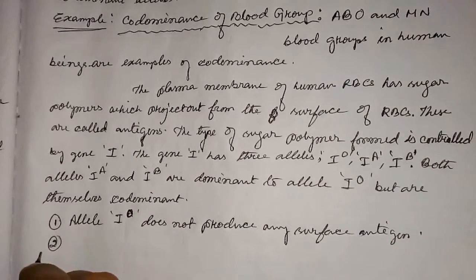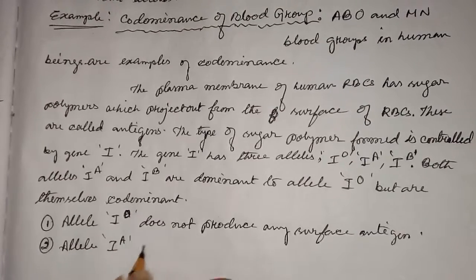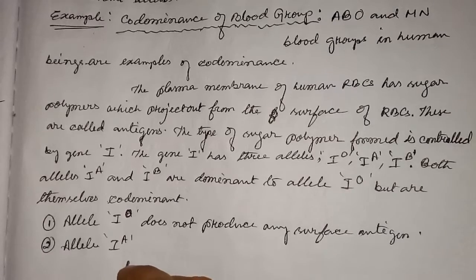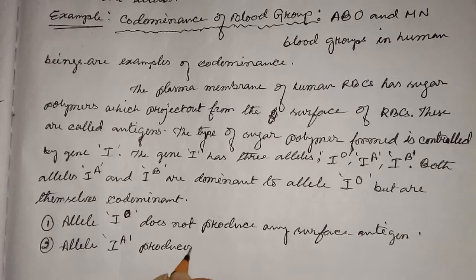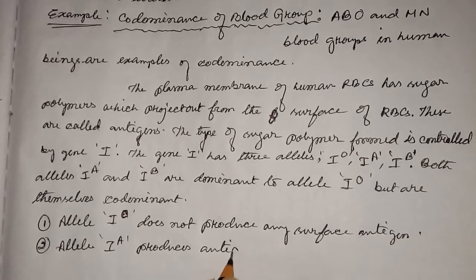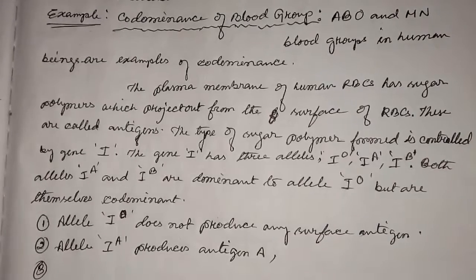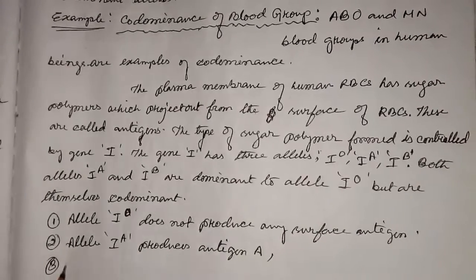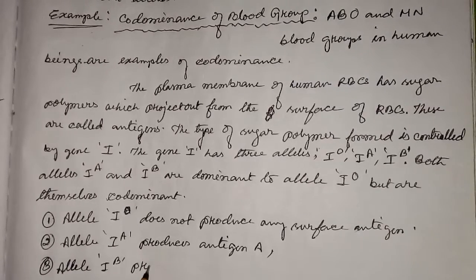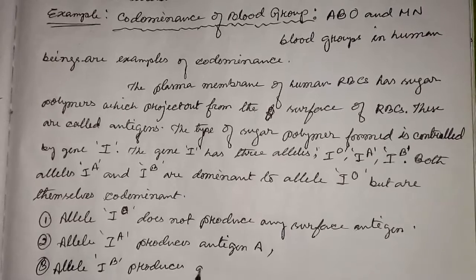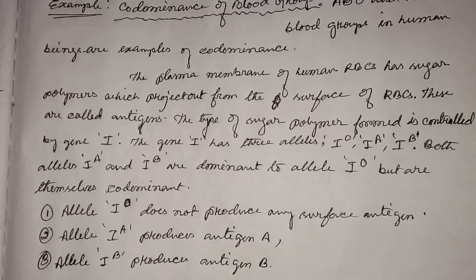Next, allele IA produces antigen A, and allele IB produces antigen B.